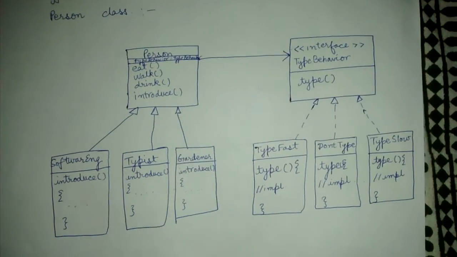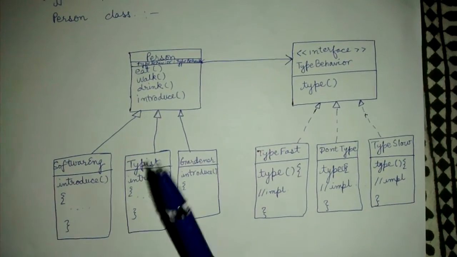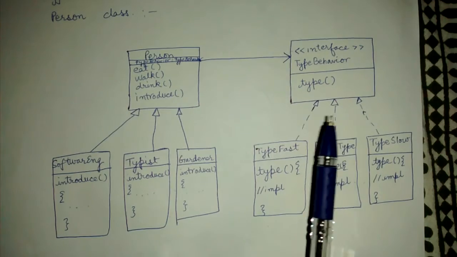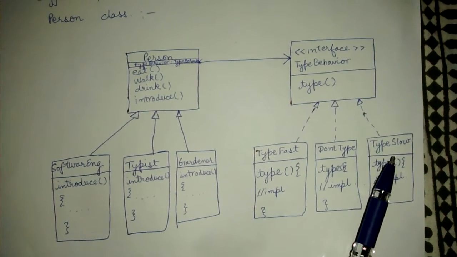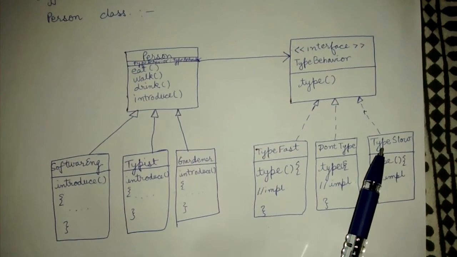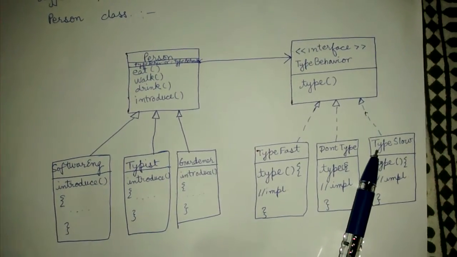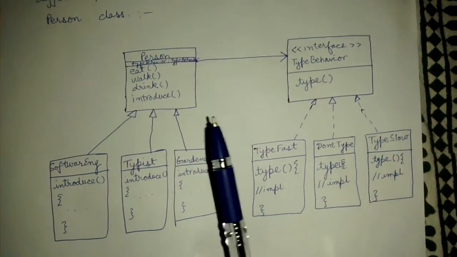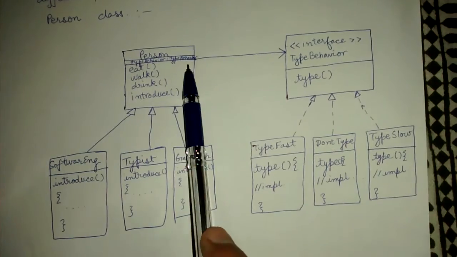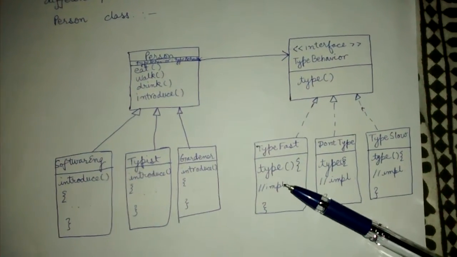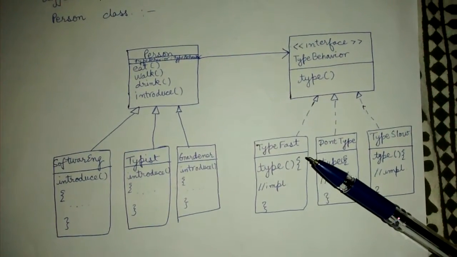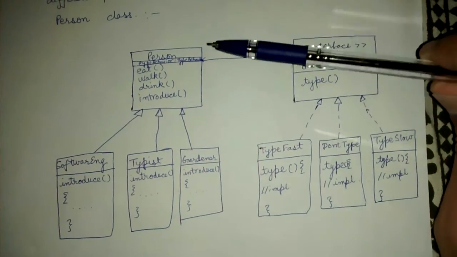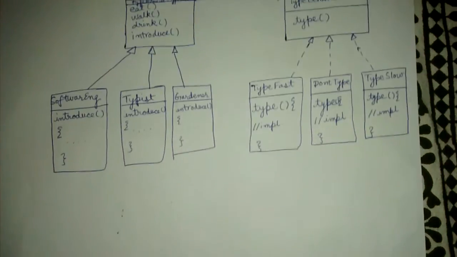And maybe a software engineer, if he types slow, then he or she can assign a type slow object to its type behavior reference. So they can decide on runtime what object they want to assign to this reference.